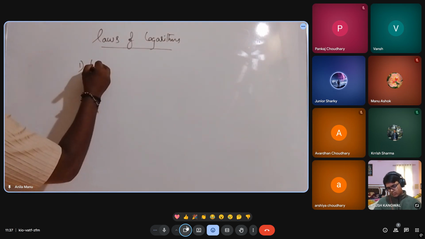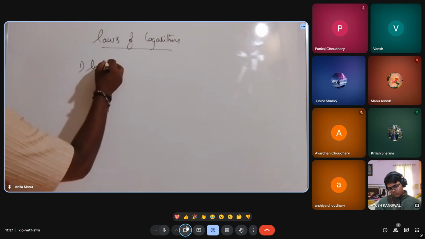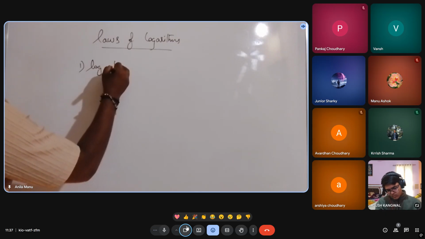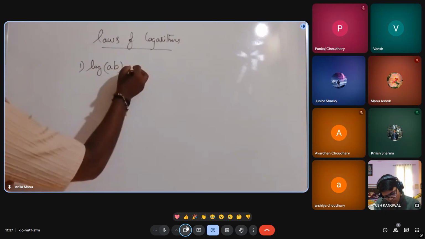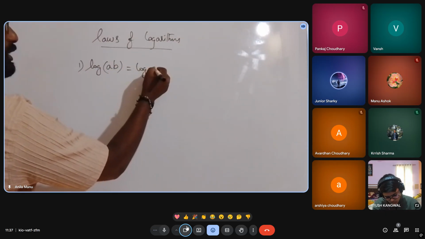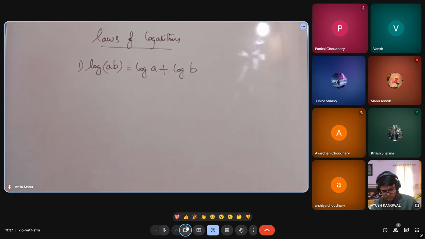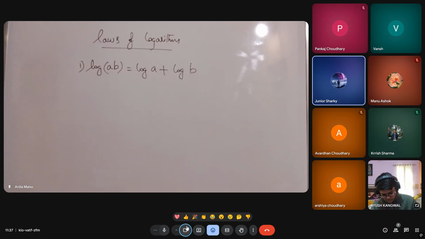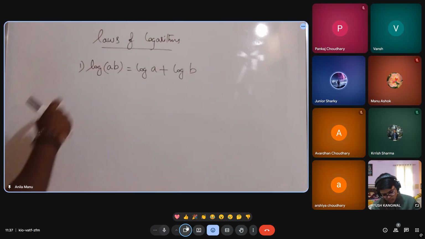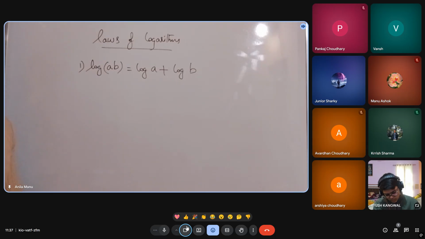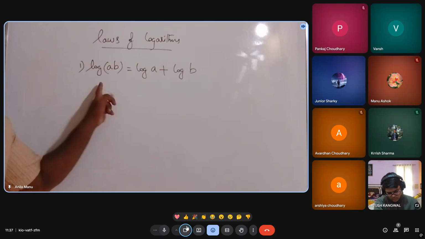First one is log of AB. Log of A into B can be written as log A plus log B. Got it, understood? Somewhere you can't see the base. Suppose the base is not there, you have to consider it as the natural logarithm.